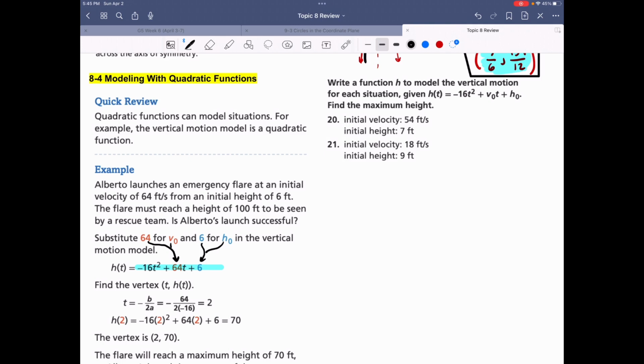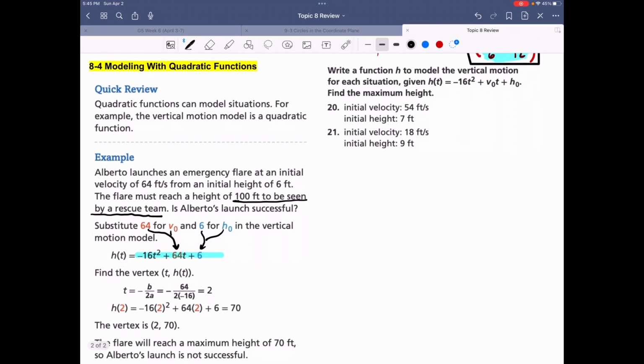And it's talking about Alberto launching an emergency flare at an initial velocity of 64 feet per second from an initial height of 6 feet. The flare must reach a height of 100 feet to be seen by a rescue team. Is Alberto's launch successful? I hope so.